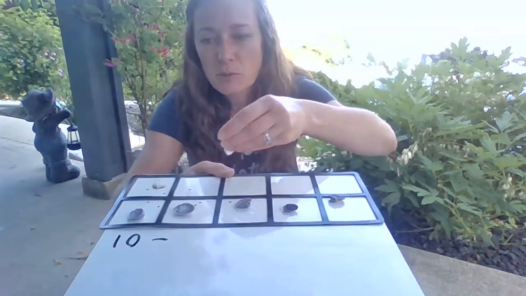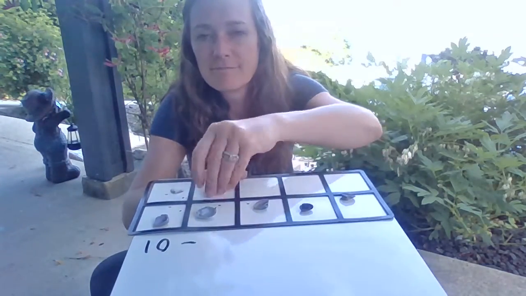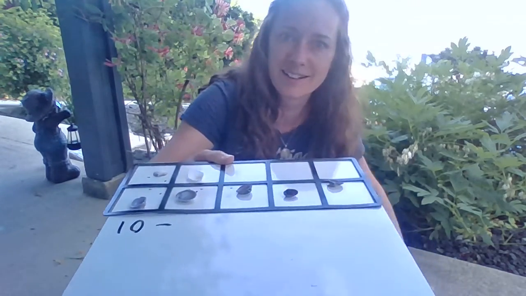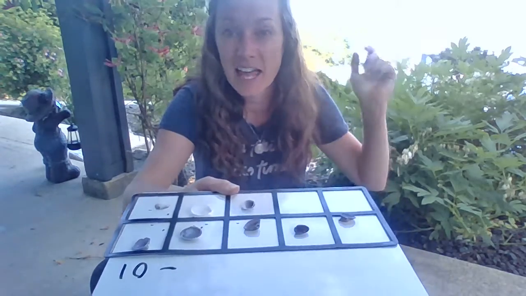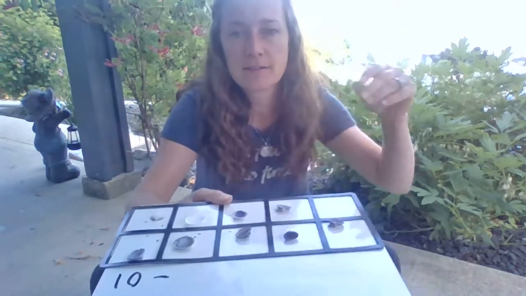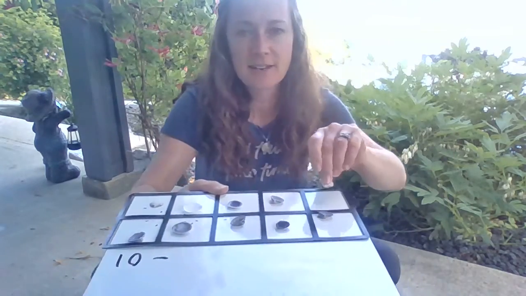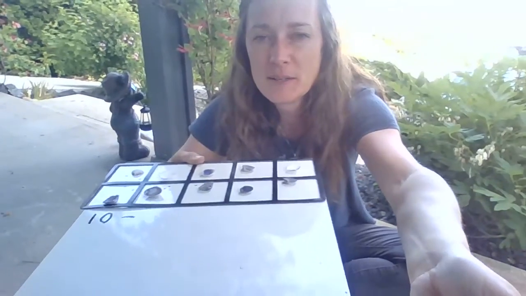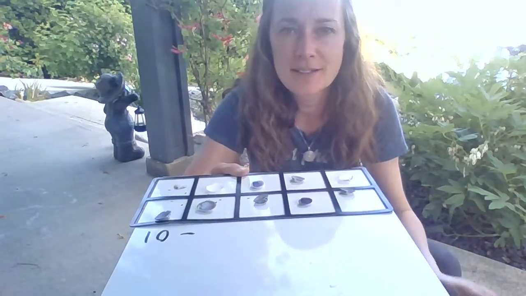That one's almost as strange. It's white. 7. Can you see it? 7, they're white. 7, 8. That one's a little bit purple. 9, 10. Okay, so I have 10 little shells.